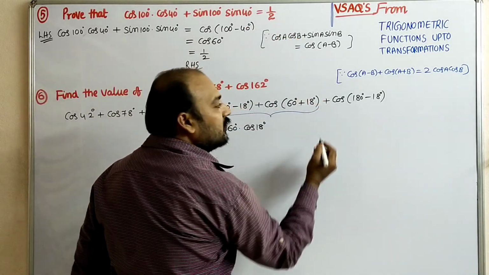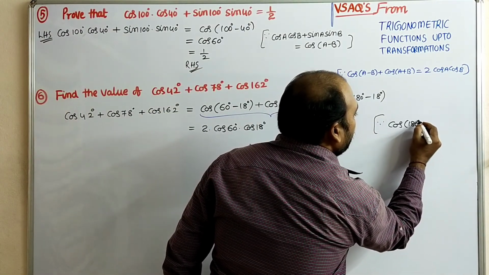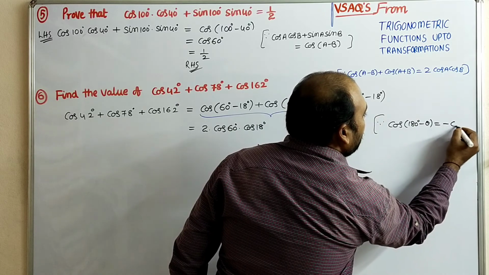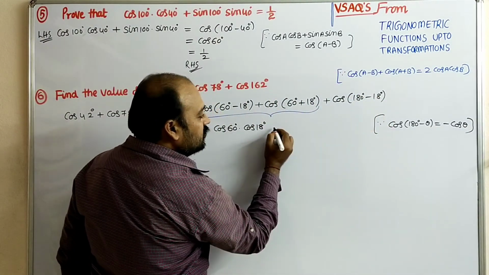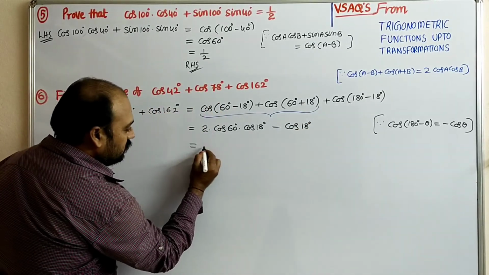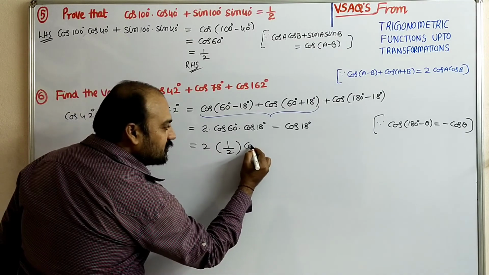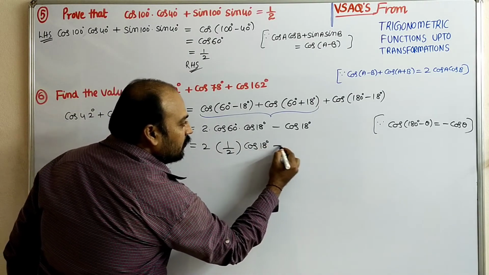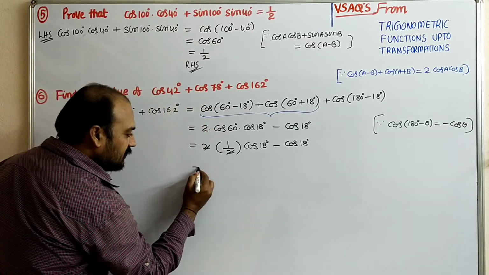Come to the last one. We know that cos of 180 minus theta is minus cos theta. So here theta value is what? 18. So minus cos 18. 2 into cos 60, which is 1 by 2, into cos 18, minus cos 18. Here 2 gets cancelled.